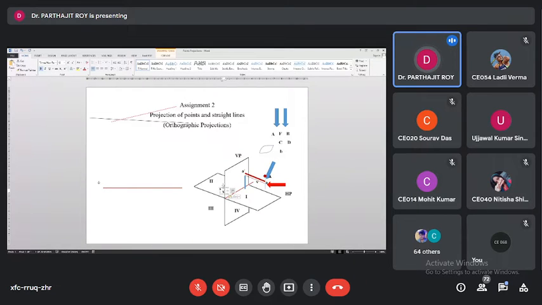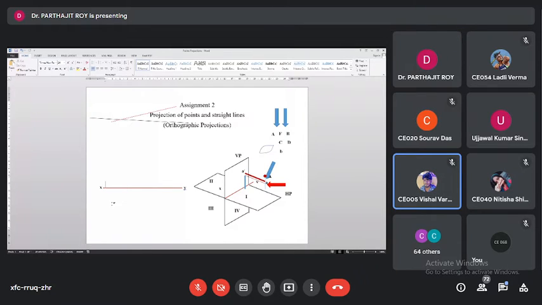Only for your understanding, I have made it red color, and as I said, it will be named like this, XY. Okay, XY is visible? Yes, sir.